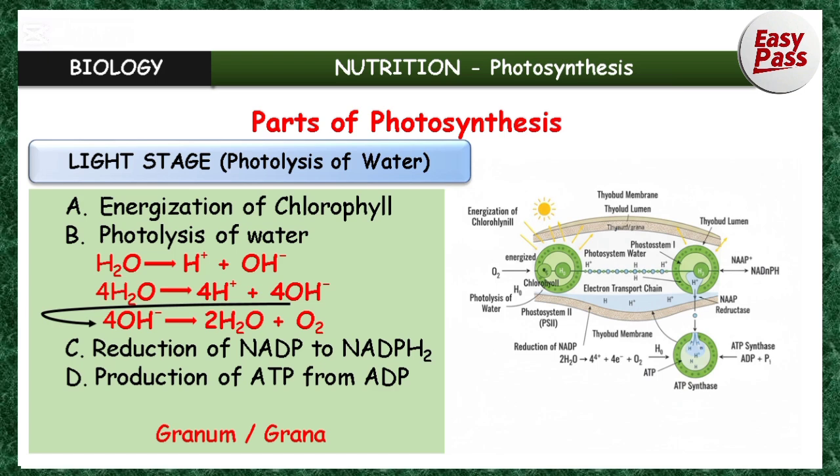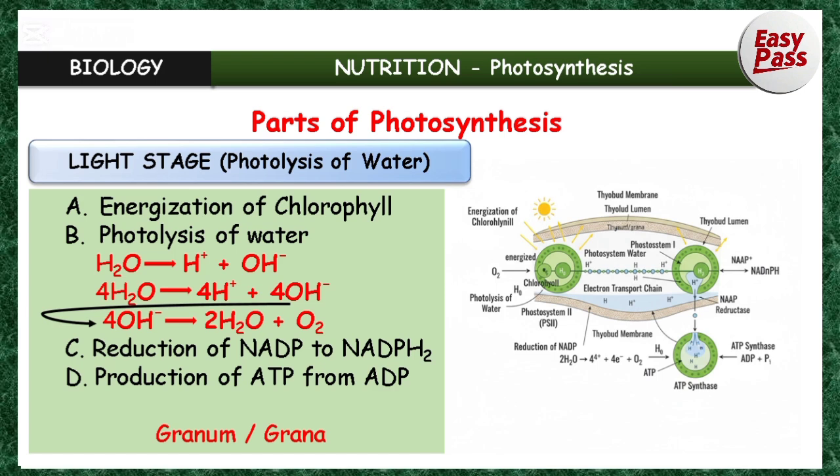So that settles this OH. We are having 4 hydrogen ions left at the end of photolysis of water. So this is the first stage under light stage reaction.